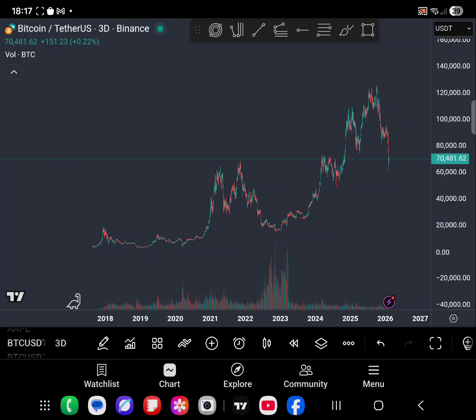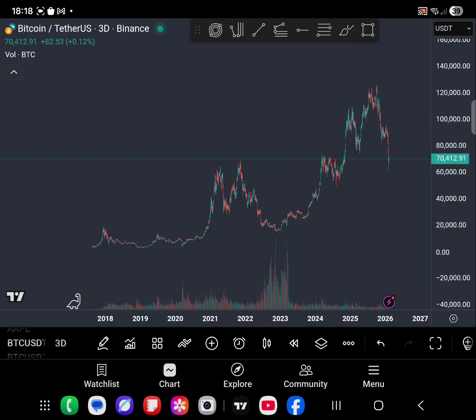The kind of charts I look at is like this one, Bitcoin versus the US dollar, or Tether US, which is basically the same value as the US dollar. That's why it's called Tether US, because it's a digital currency that's tethered to the value of the US dollar.